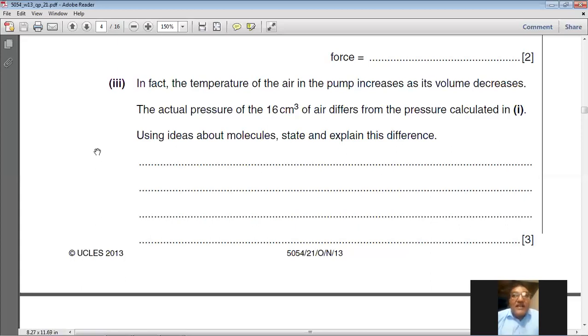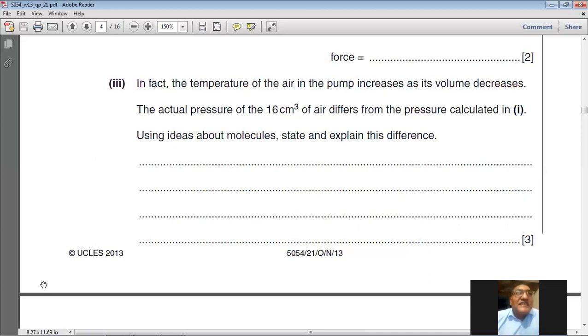Plus, because now they have more kinetic energy, when they collide with the walls of the pump, they exert more force. So the pressure of the gas inside the pump will increase. So these are the reasons.